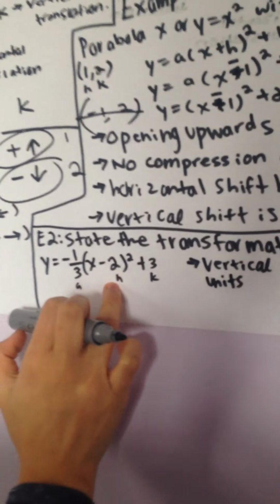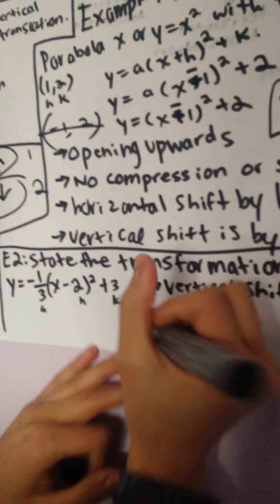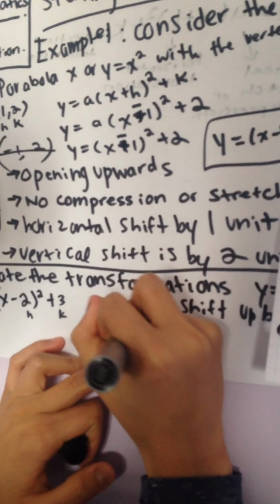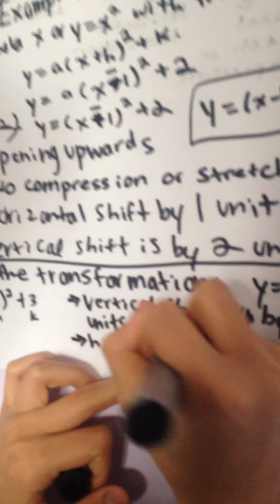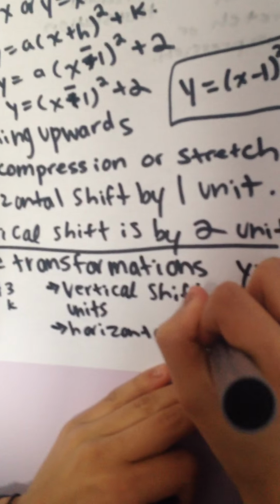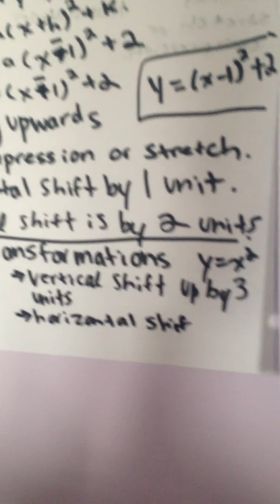Another transformation is the horizontal shift. So, the horizontal shift, because this is negative, it would be positive.